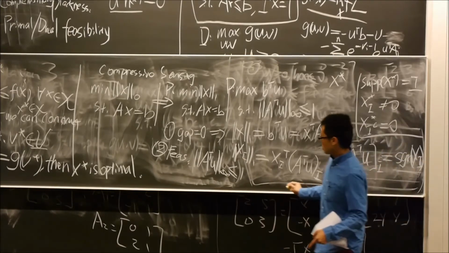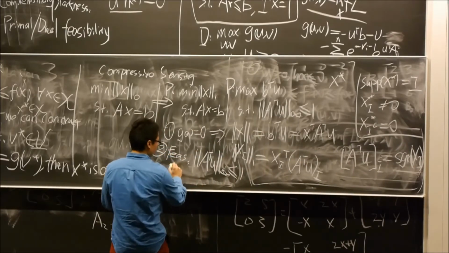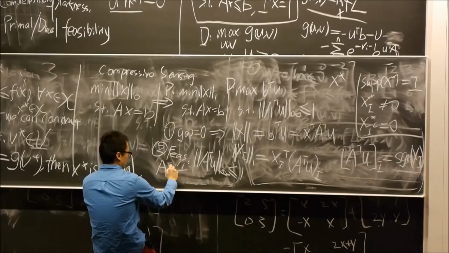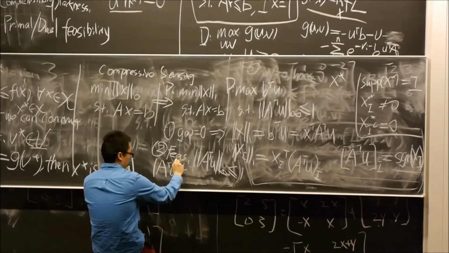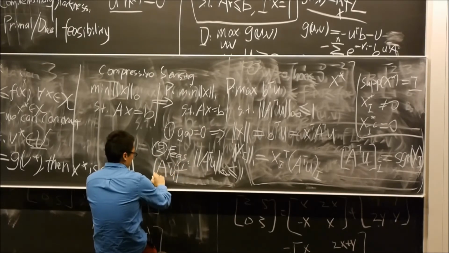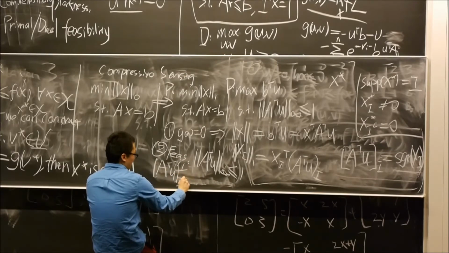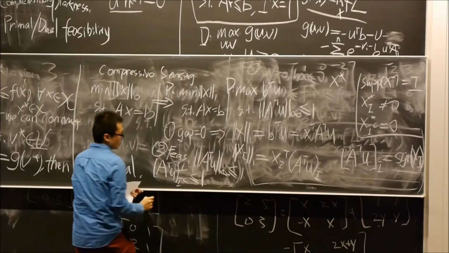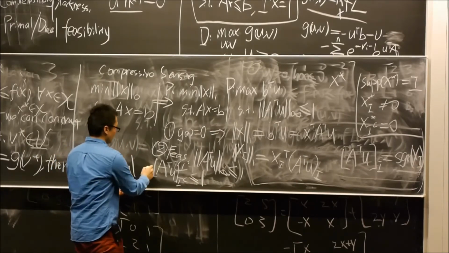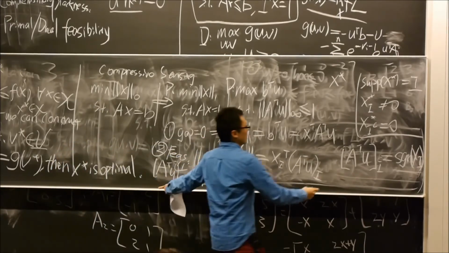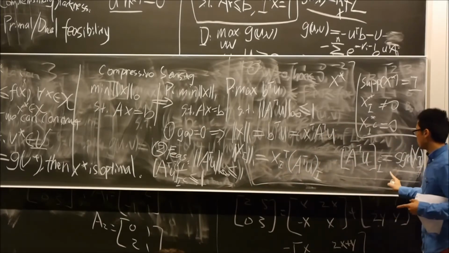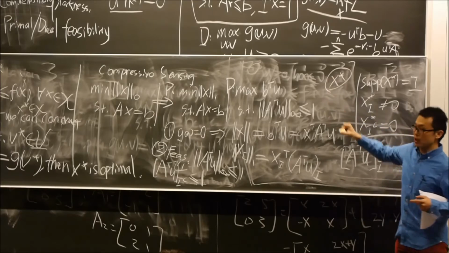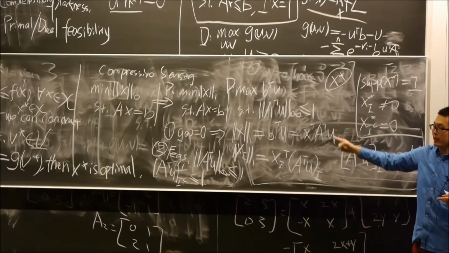So the condition becomes: A transpose u on the I complement must be smaller than or equal to 1. These two are the only conditions that we need to verify in order to argue that this x star is the optimal solution to the primal minimization.